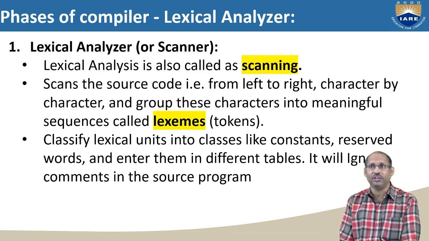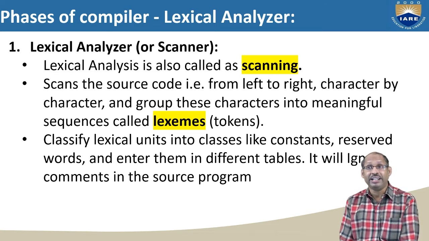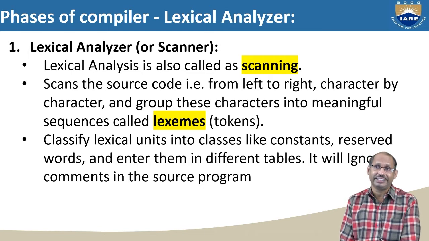For example, if a variable identifier is there, that identifier is stored in the symbol table. That record number will be added along with this lexeme to make it a token, right? So the lexeme followed by the symbol table entry description will result in a token.